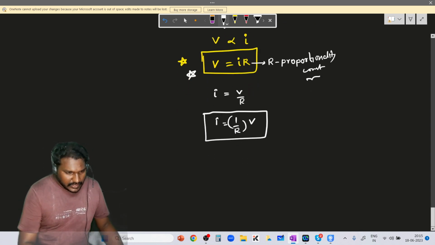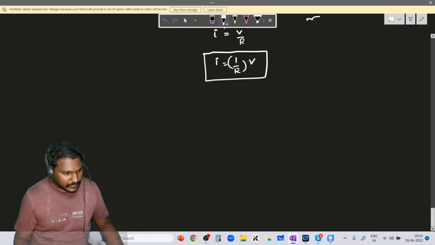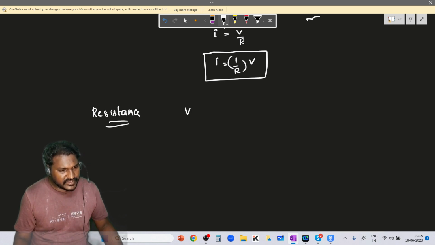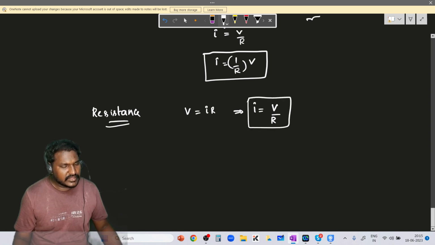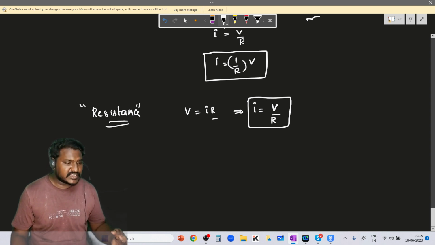Now we can define resistance in another way. Since V is equal to IR, or we can write I is equal to V by R. R is known as resistance, and by the word itself, resistance means opposition. Resistance means opposing.